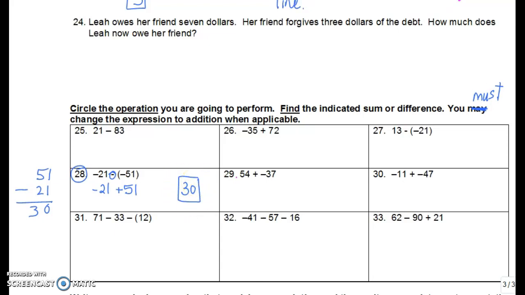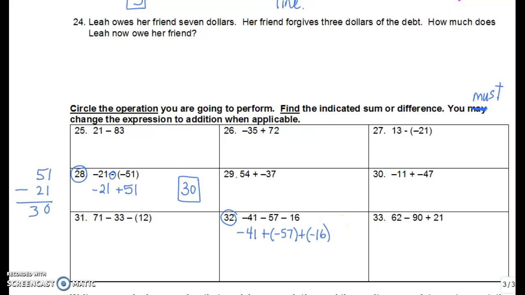The other one I'd like to do with you is number 32. Number 32 says negative 41 minus 57 minus 16. So this is negative 41 plus negative 57 plus negative 16. These are all negative tiles.